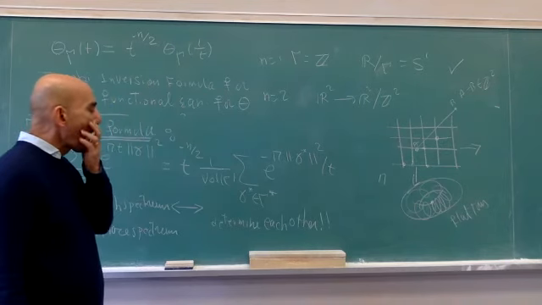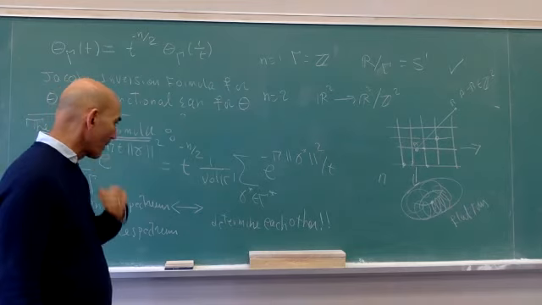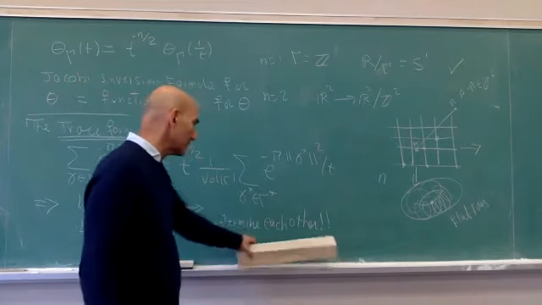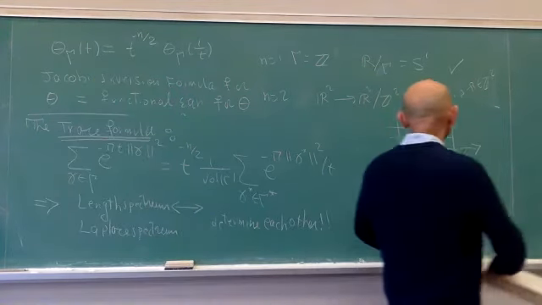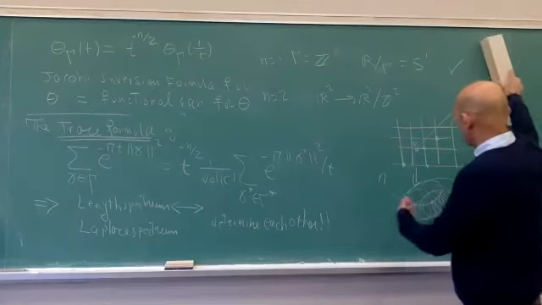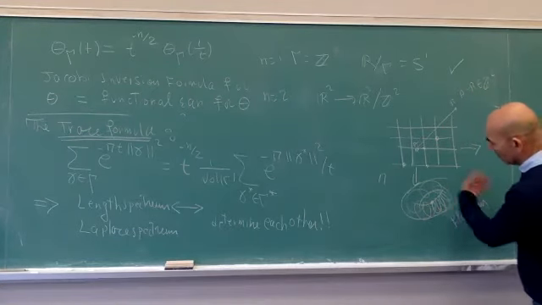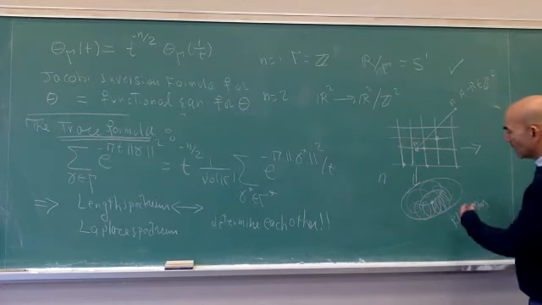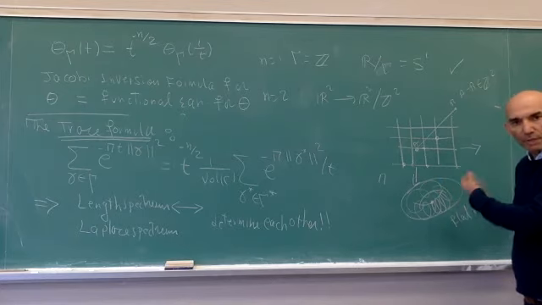So this has a deep interpretation in physics that gives a relation between quantum mechanics and classical mechanics. In classical mechanics, if we don't have any potential on this flat torus, particles will move on geodesics. That's what we know.